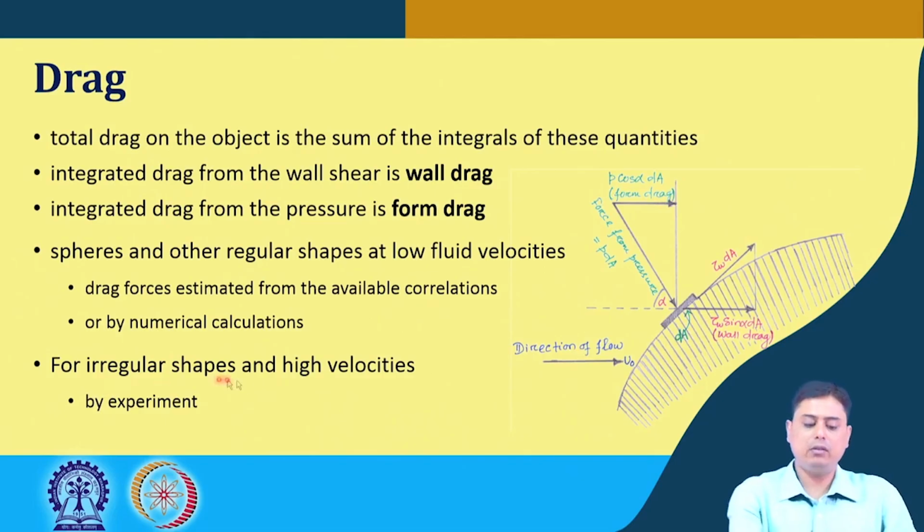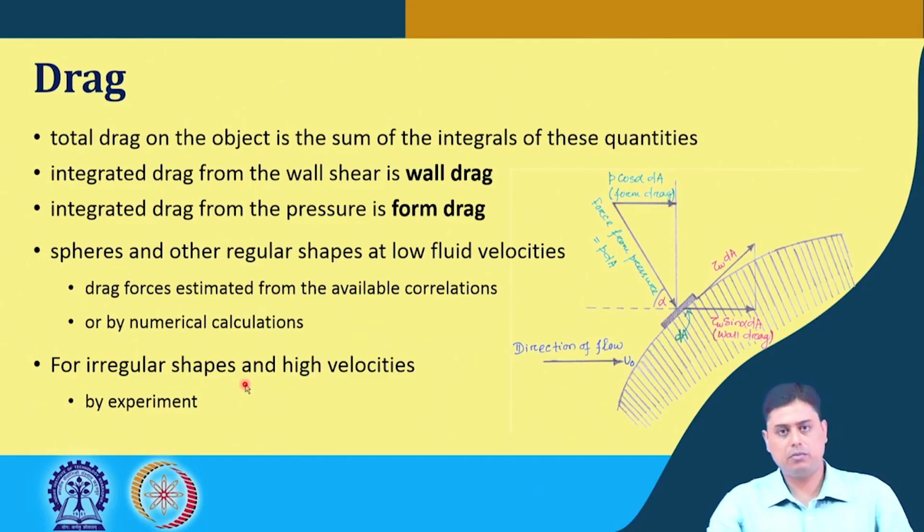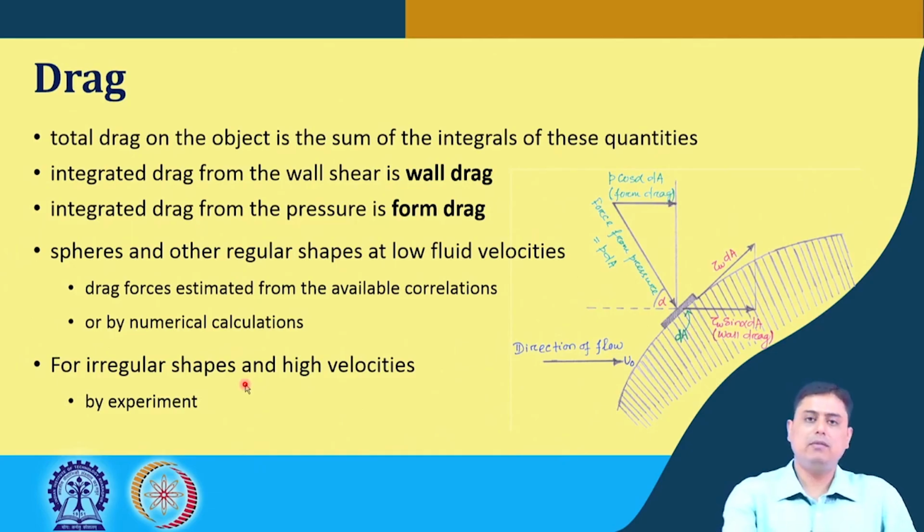Now for irregular shapes, there is no particular shape, you can come up with a different arbitrary shape. So quite naturally there are no such available relations, but sometimes these available relations are modified with certain factors that I will come to in the next slides.